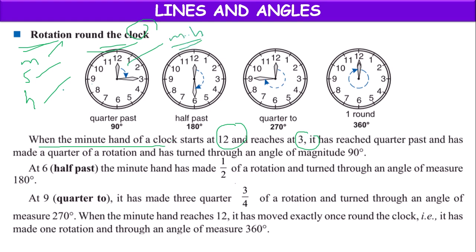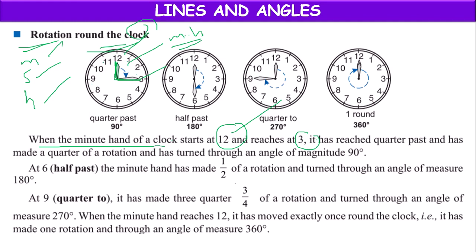Other hands they have neglected. Minutes hand starts at 12 and reaches 3. So what angle will it represent?